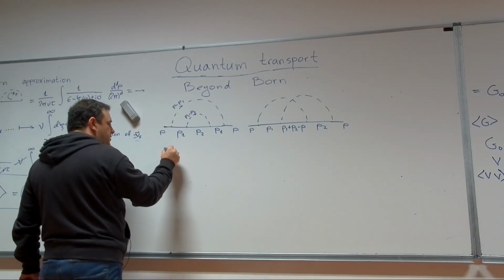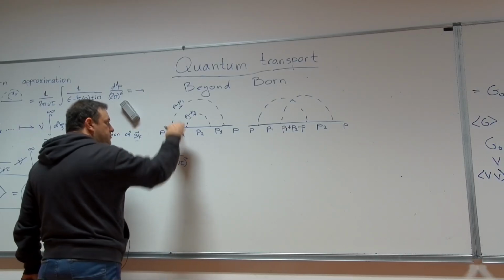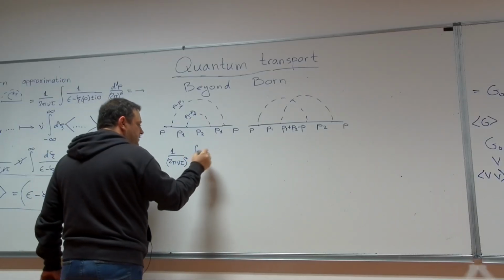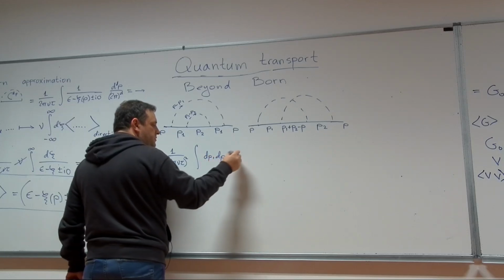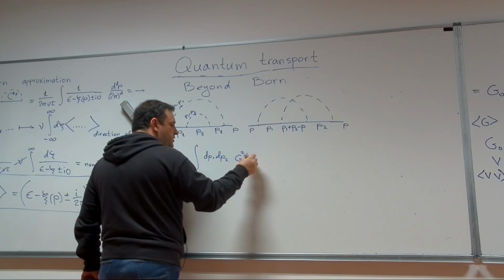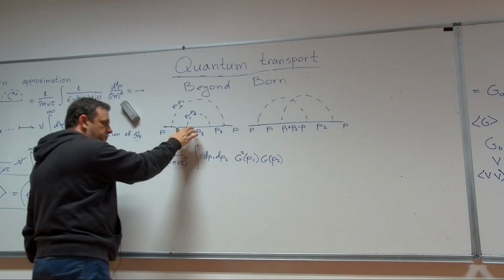This diagram is 1 over 2 pi nu tau squared, two dashed lines, integral over dp1, dp2, g squared of p1, g of p2. This one.